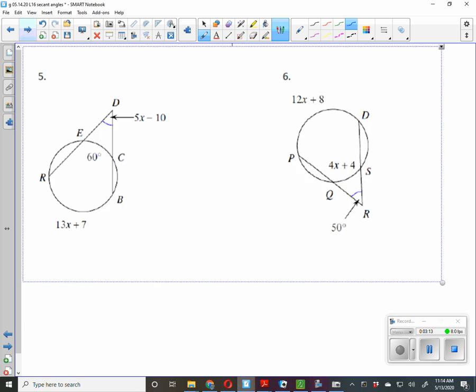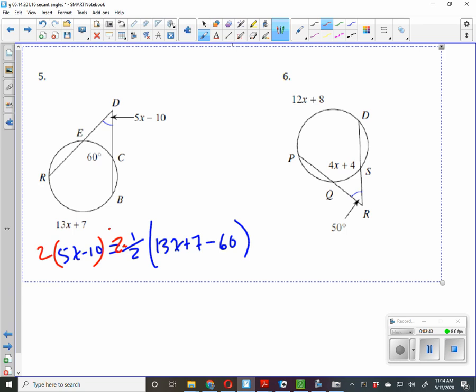We will make these a little more complicated by throwing some algebra into it, but the process is still the same. I know that 5x minus 10, the angle on the outside, is half of 13x plus 7 minus 60 degrees. Now, we don't like fractions, and one way to get rid of fractions is simply to multiply by 2 on both sides.